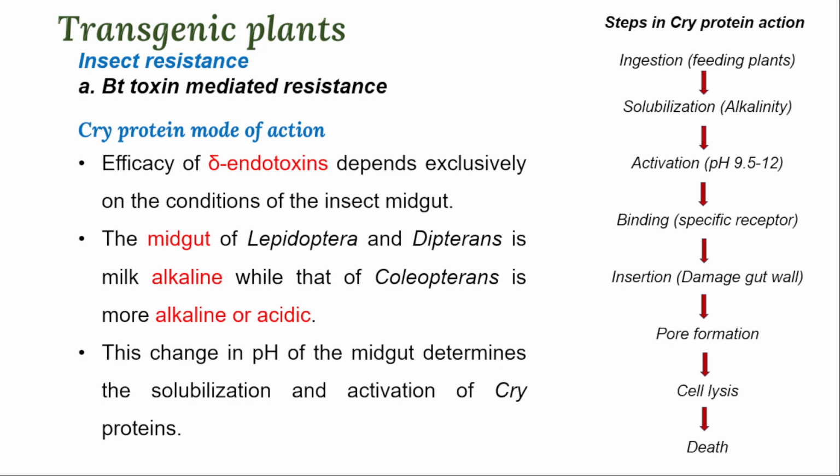If you take the steps of this mode of action, the first step is ingestion: the genetically modified plant that contains delta endotoxin is consumed by insects. Later, because of alkalinity, the delta endotoxin is solubilized, and at a pH of 9.5 to 12 the delta endotoxin is activated, which forms a needle-like structure.